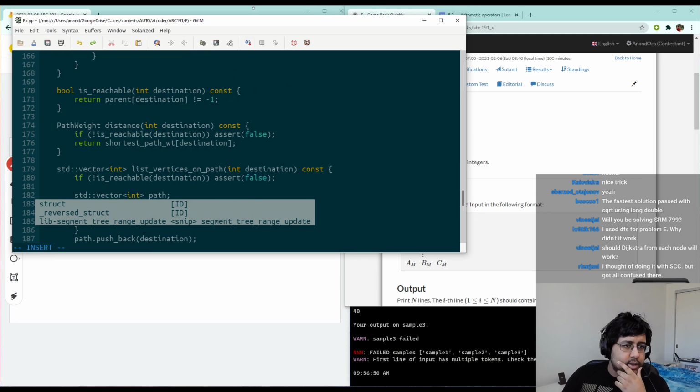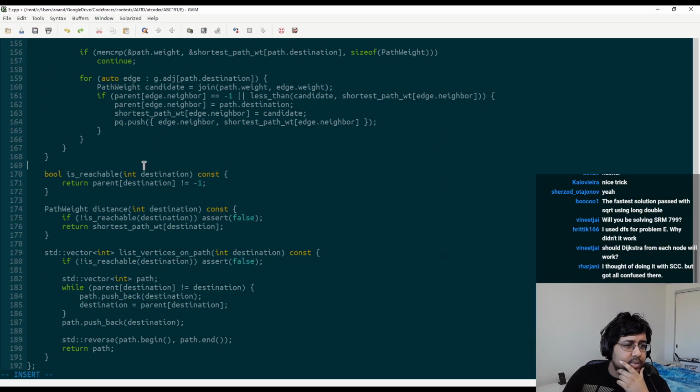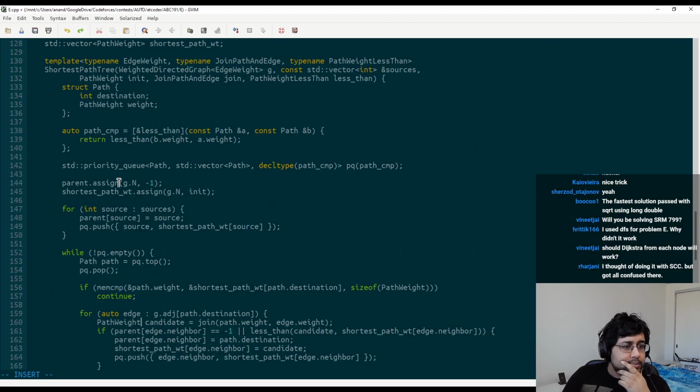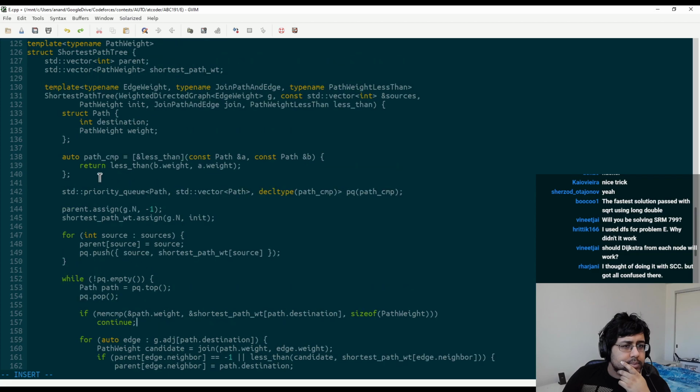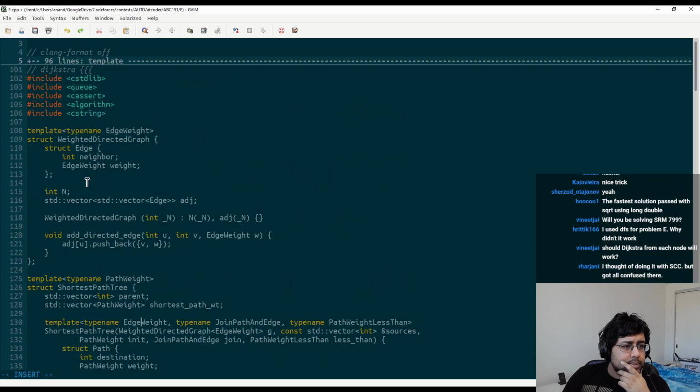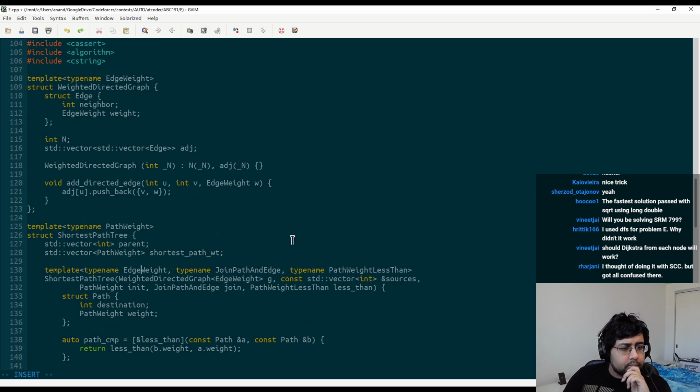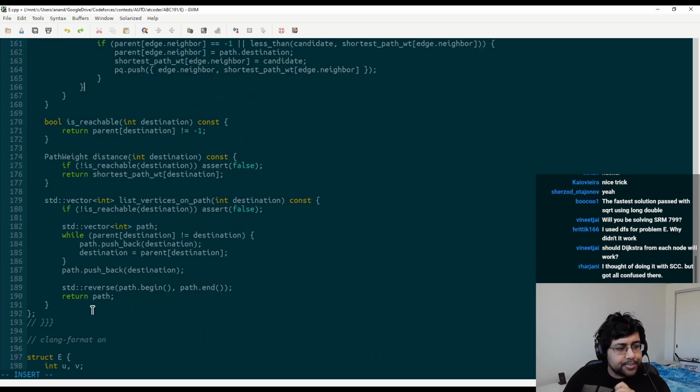So I guess let's see how to use this library class. Oh, okay. So first we create a weighted directed graph. Oh, cool. So I'll actually just use this instead of my own struct. And then we can call shortest path tree by passing in a source. Okay, very cool.